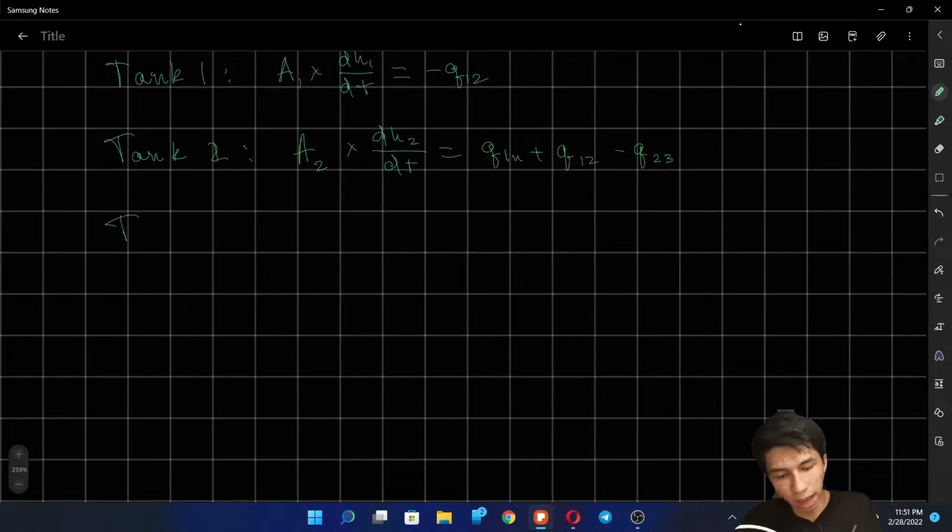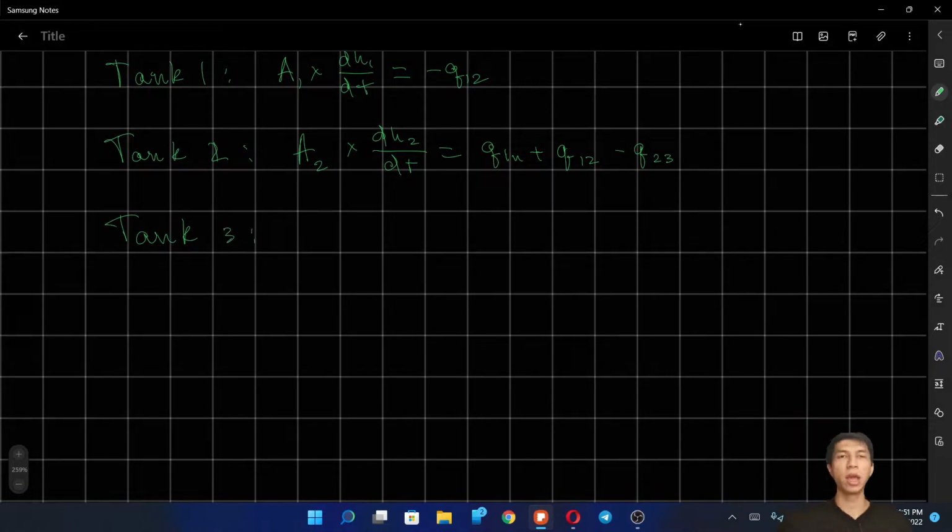So for tank 3, we can model it as we still have the cross-sectional area for tank 3, and the rate of change of our height in tank 3, right?